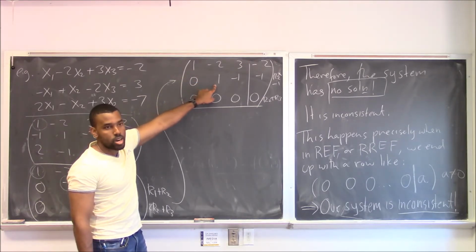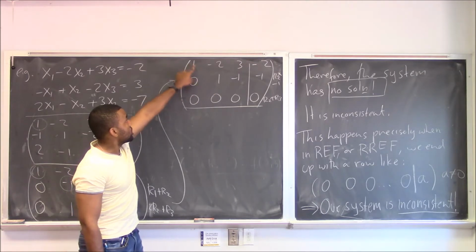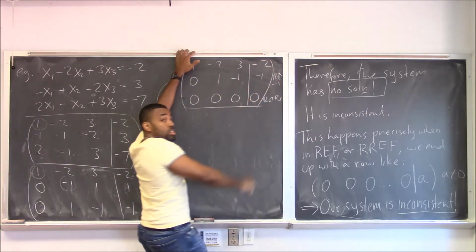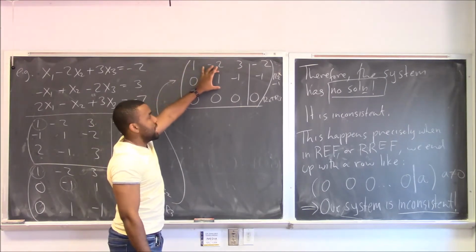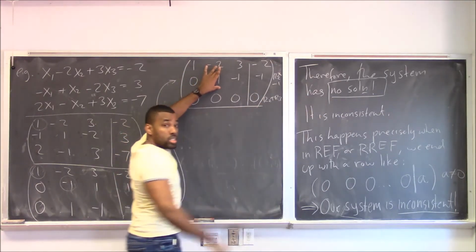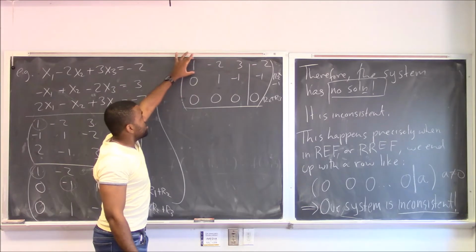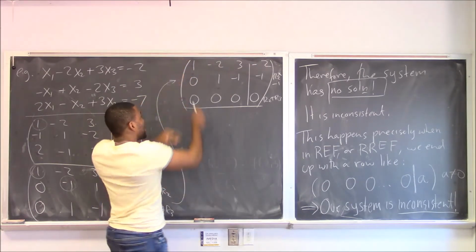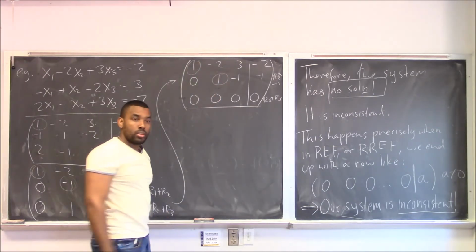The pivots, why we like the pivots to be the leading ones is because they're the coefficients of the leading variables of equations, right? So this is an equation that talks about x1 plus a combination of the other variables. This is one that talks about x2 plus some combination of the other variables, right? So you can think of x1 and x2 being the masters of these two equations. So those are guys that we can actually solve for, right?